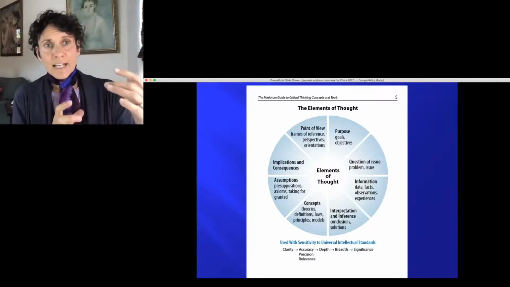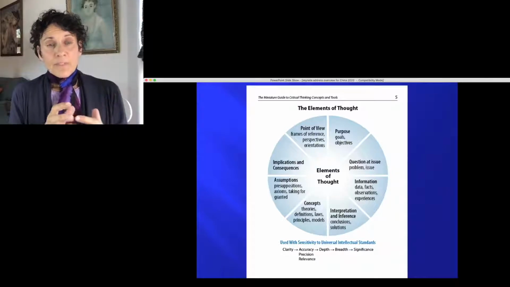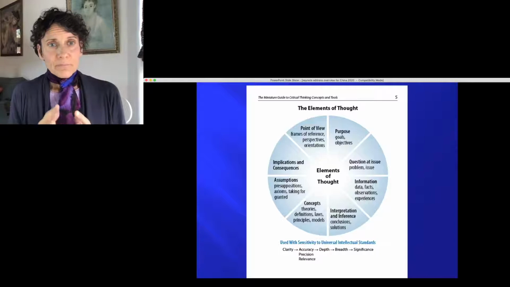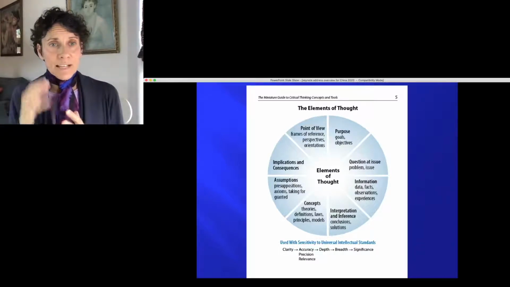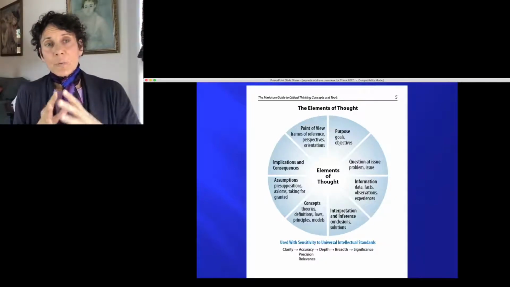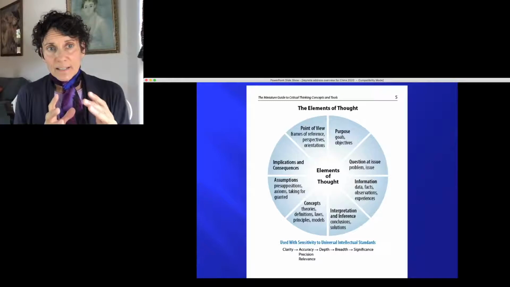These will be directly connected with your assumptions and also connected directly to your point of view. And all of this leads to implications and consequences. So what we want is to understand that wherever there is reasoning, these parts are present.